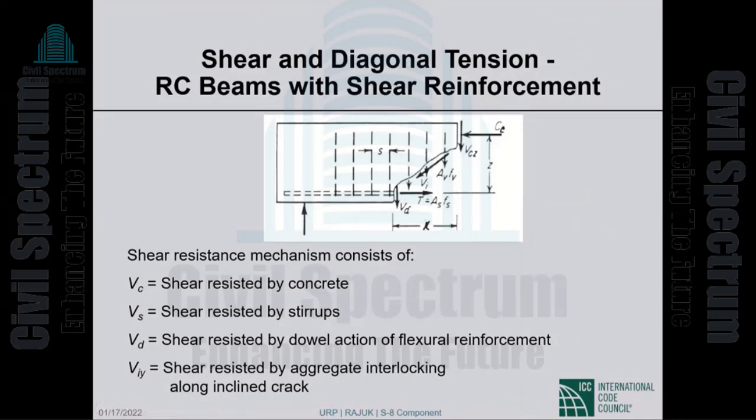So the shear resistance mechanism consists of V sub C, shear resisted by the concrete as before; V sub S, shear resisted by the stirrups, that is new; V sub D, shear resisted by dowel action of flexural reinforcement; and V sub IY, shear resisted by aggregate interlocking along the inclined crack.